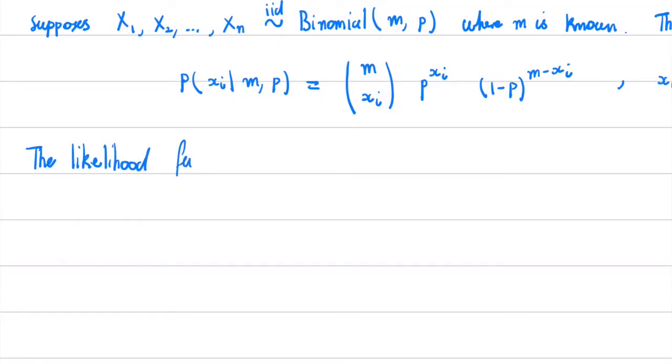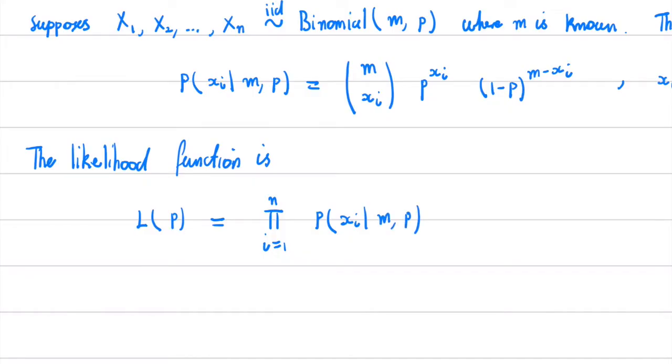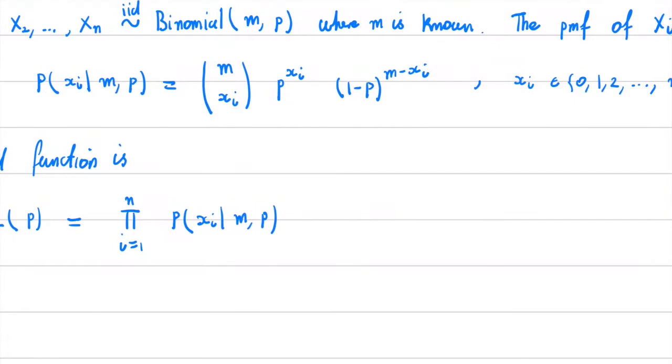So using this probability mass function, we can work out the likelihood function. Now again, our likelihood function is only in terms of what we want to estimate, and in this case we only want to estimate p, so L of p is equal to the product i equals 1 to n of p of xi given m and p.